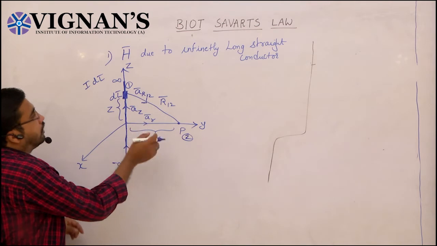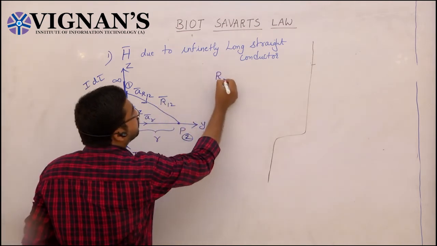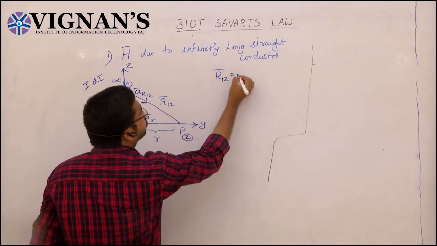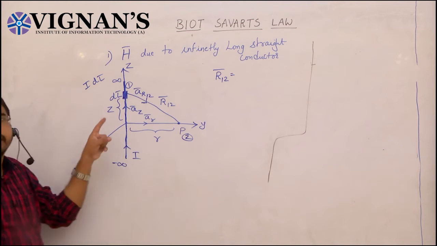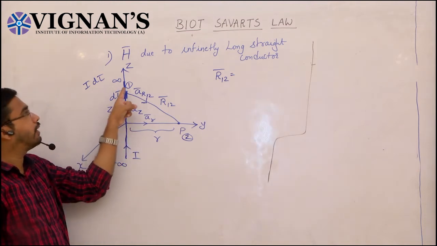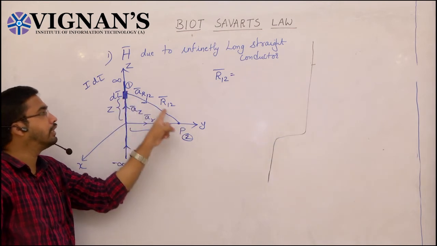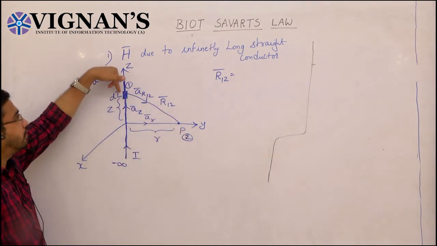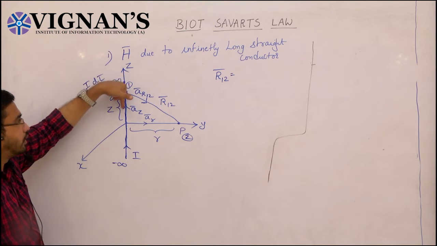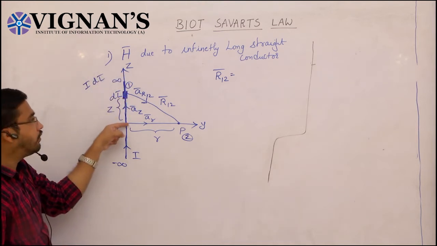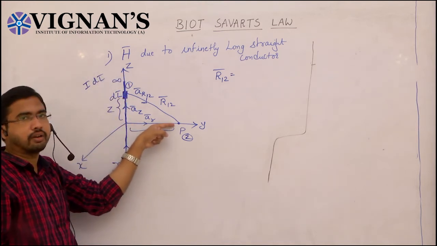Now, first we need to find the distance vector R12. R12 means it is the distance which is covered from point 1 to point 2. How can we go from point 1 to point 2? We can go like this towards the z-axis, and we can cover on the y-axis also.